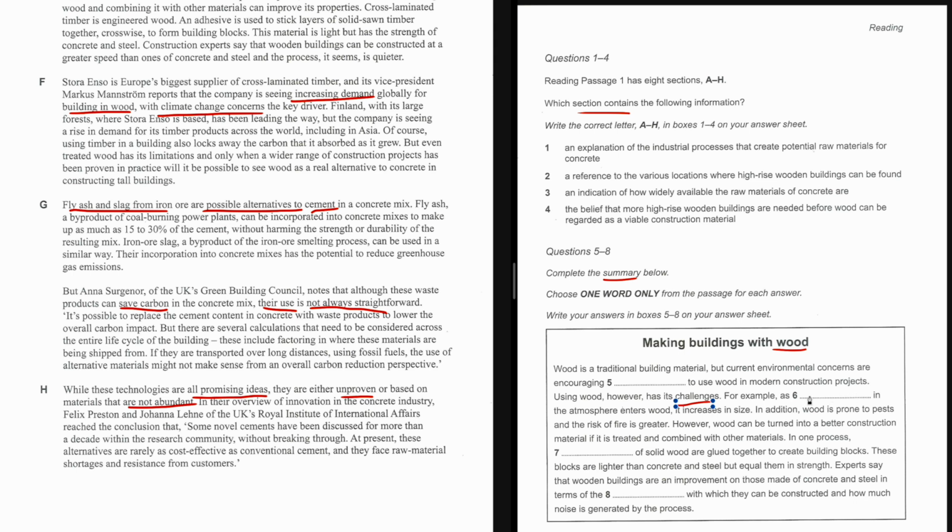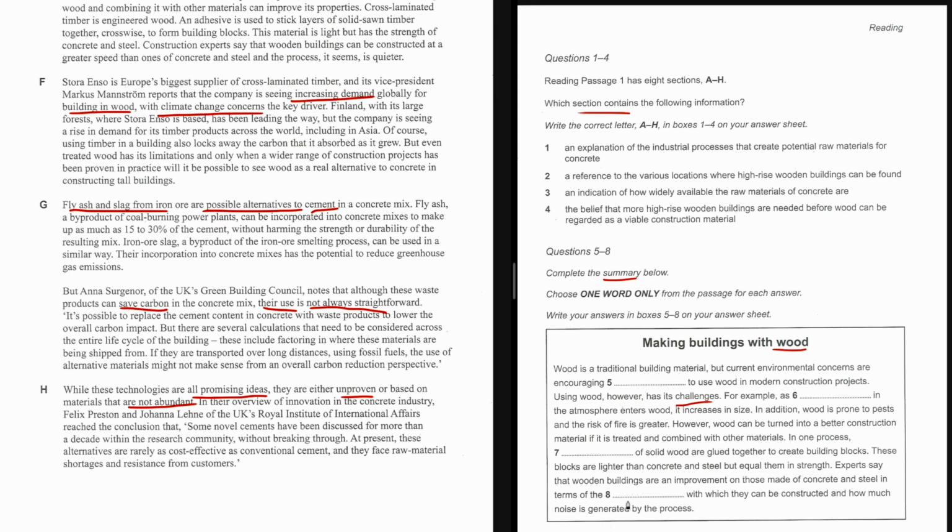For example, this is one of the challenges. It can turn into a better construction material if it is treated and combined with other materials. In one process, layers of solid wood are glued together to create building blocks. Experts say that wooden buildings are an improvement on those made of concrete and steel in terms of how quickly they can be constructed, and how much noise is generated by the process.